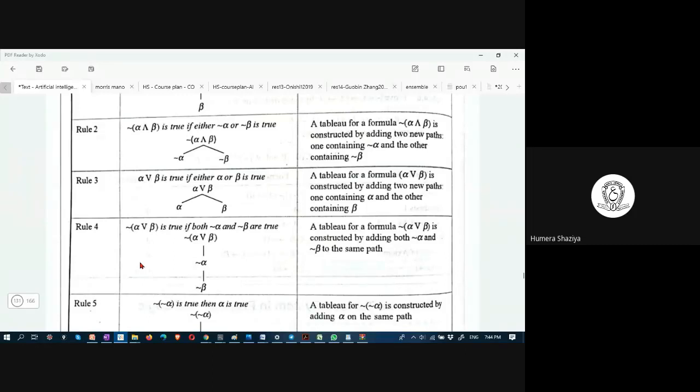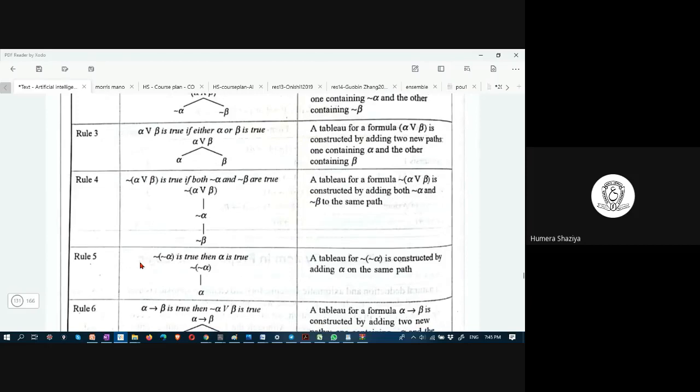The root not (alpha and beta) leads to two child nodes, where one is not alpha, another is not beta. The explanation says that not (alpha and beta) is constructed by adding two new paths. Why two new paths? Because if either one is true, the whole formula is true.